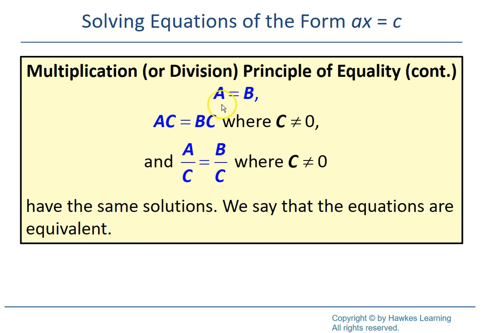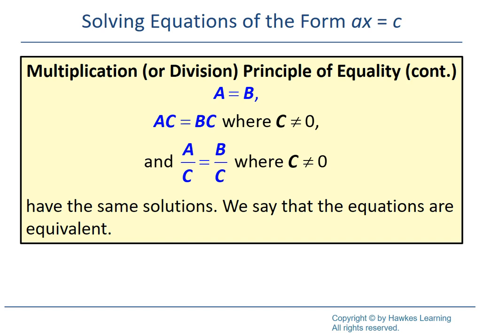So we're saying if we have a equals b and we multiply the a side by something, a c, and the b side by something, a c, it's still equal. It's not the same equation, but it still balances. So we're allowed to do that. Or if we divide a by c and b by c, it's not the same, but it's still equal.